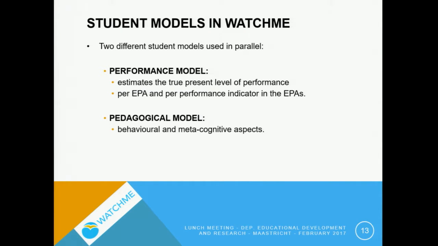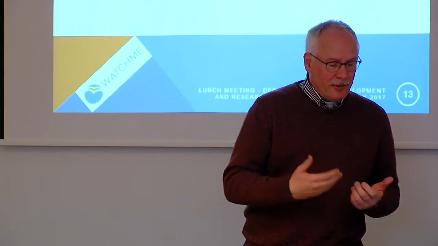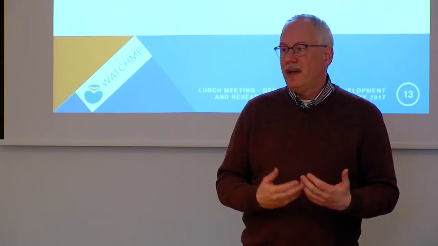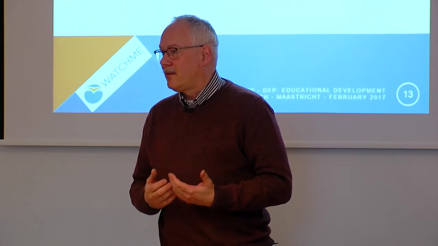The performance model tries to estimate the true present level of performance. And it does that per EPA, per entrustable professional activity, and per performance indicator for each EPA. And the pedagogical model deals with behavioral and metacognitive aspects of learning.